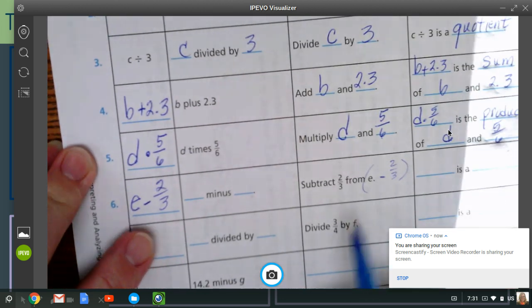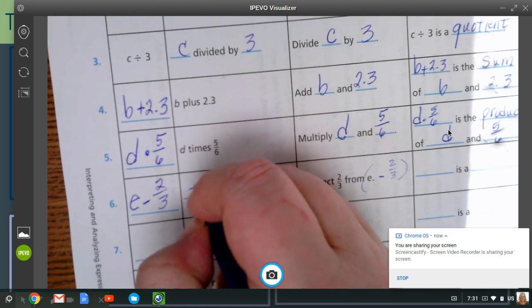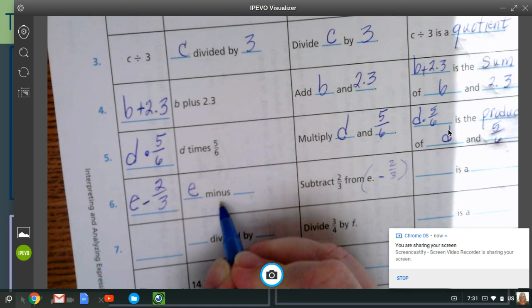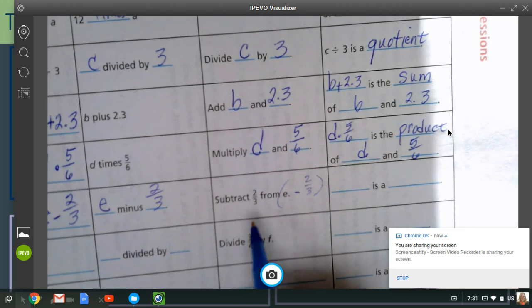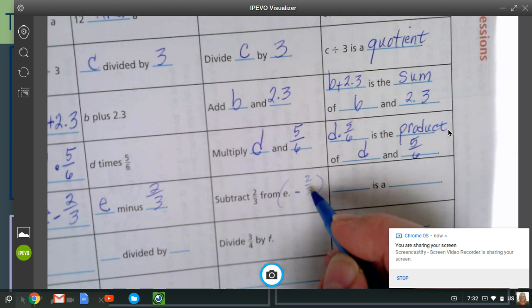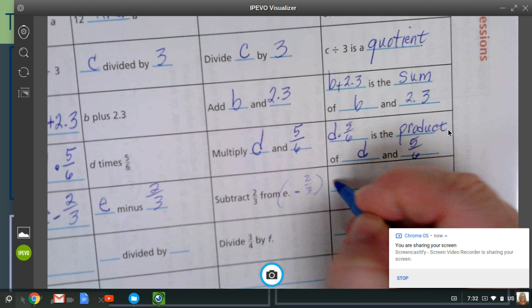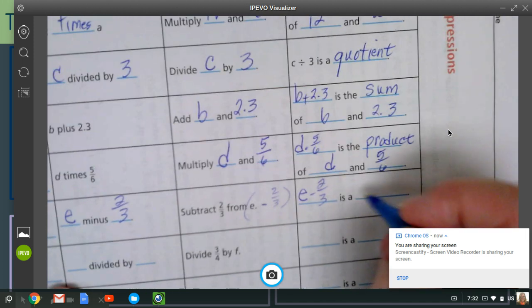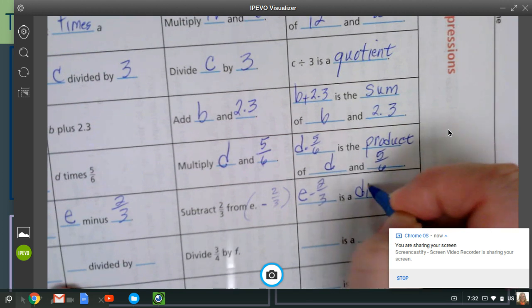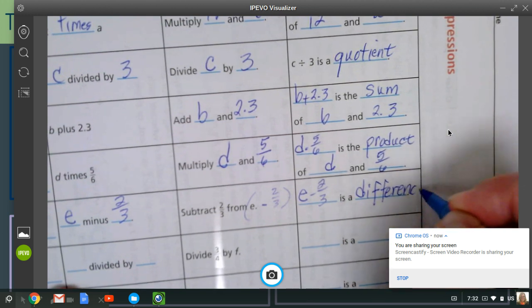We have to be really careful with that. So e minus 2 over 3, this just reads from left to right. So we have subtract 2/3 from e. I just wrote this here while we were thinking it through. So again, e minus 2/3. Now again, the vocabulary word when you subtract, the answer is the difference.